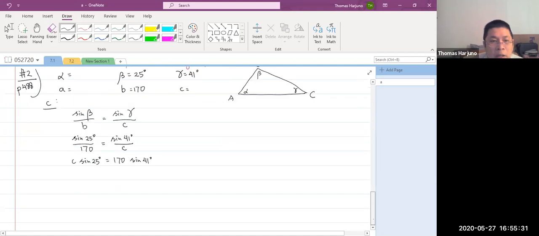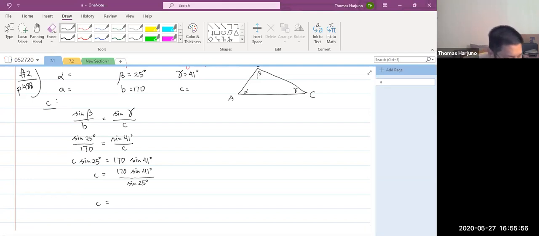And then C equals to 170 sine 41 degrees over sine 45 degrees. Then use your calculator, but don't forget to check your mode. Your mode has to be in degrees. Let's do it together.